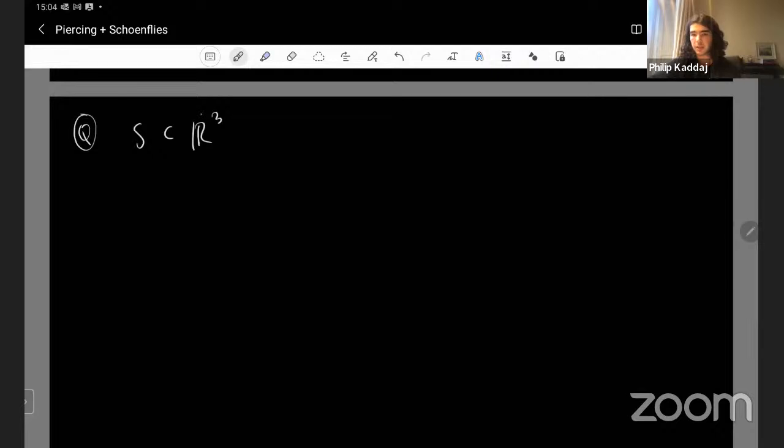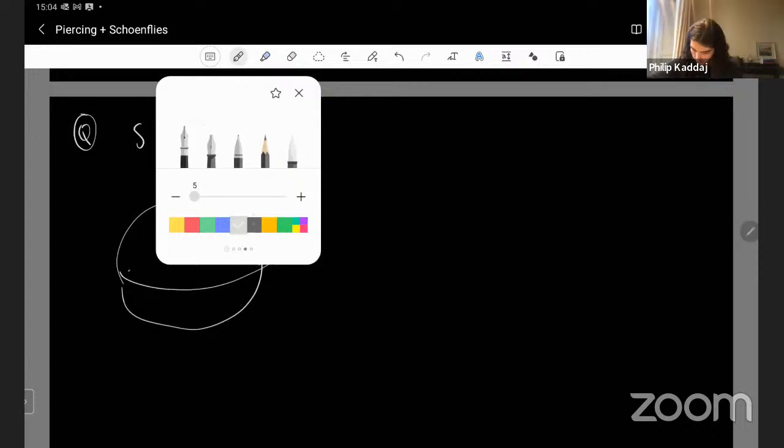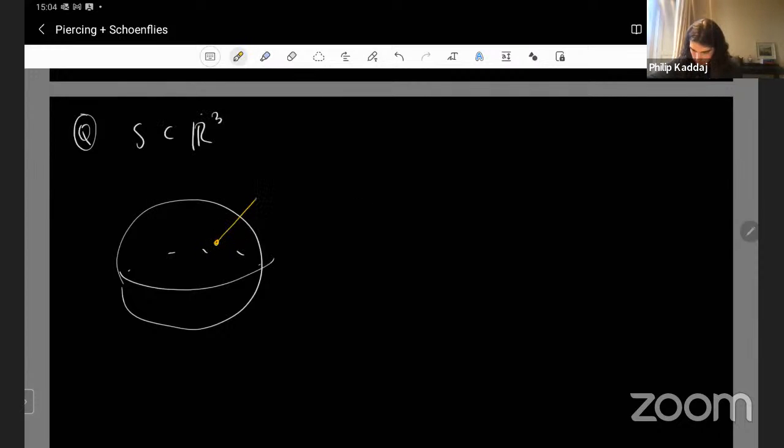Then we would like to understand whether it's tame or not. A piercing segment is a straight line segment according to the affine structure of R^3 that intersects the sphere in exactly one point and has endpoints lying in different complementary domains. So for example, if this is just a standard sphere, this would be a piercing segment.